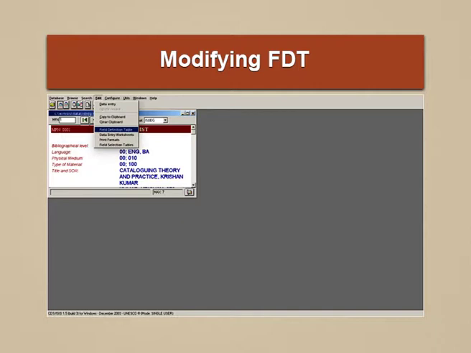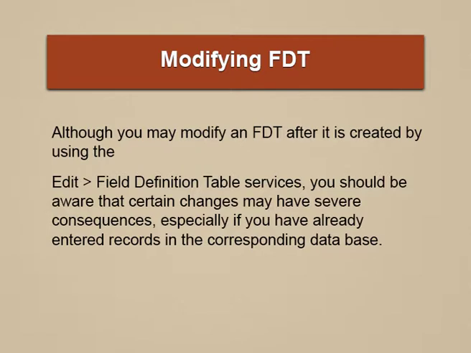Here again you can modify it: under the edit option, you have edit field definition table. The moment you click that option, it will again take you into the field definition table, where you can perform different kinds of correction steps, and after the corrections are over, you can save it and go into the next step, that is the data entry worksheet.